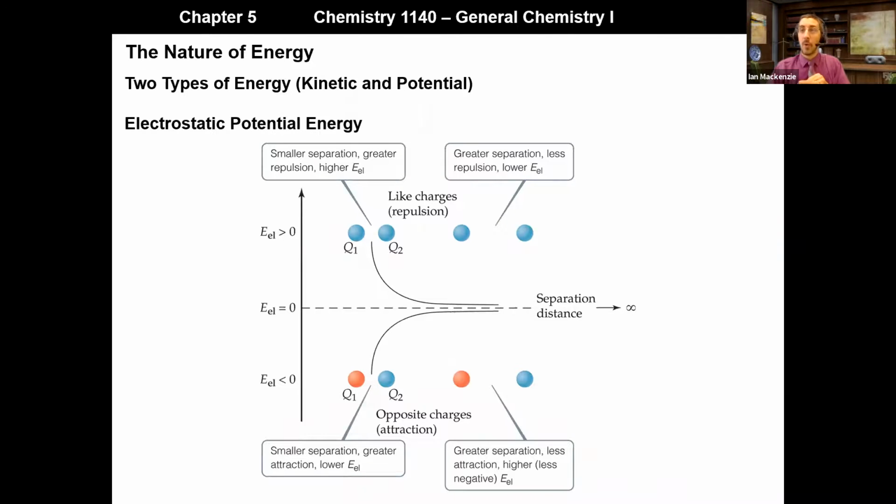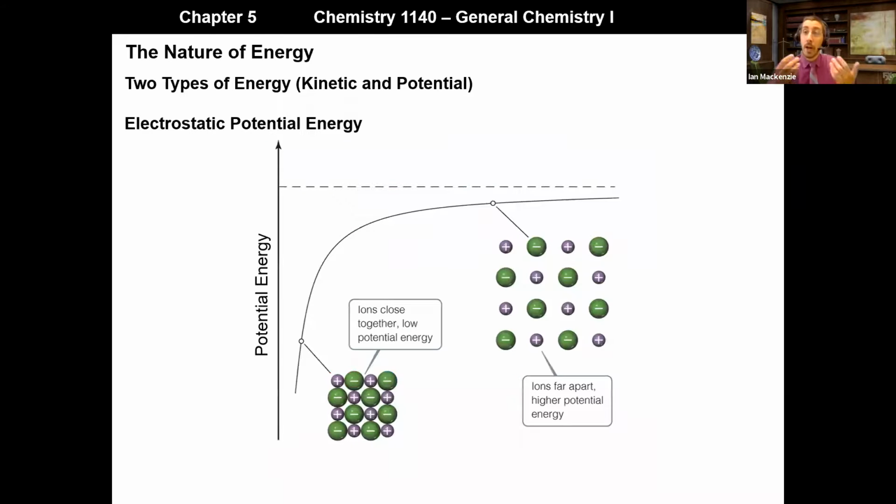So now, how in the world does this relate to compounds? Well, an ionic compound, which we've talked about a lot, is simply composed of charges of opposite types, or we can have multiple ions. So we've got multiple charges present of opposite types. And if we have those ions completely separated from each other, we start at some energy.